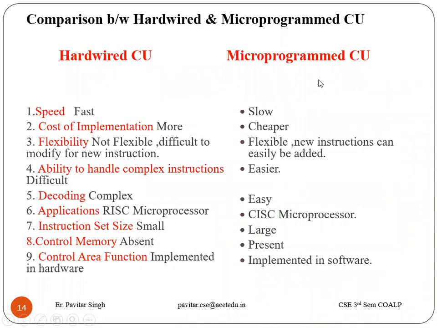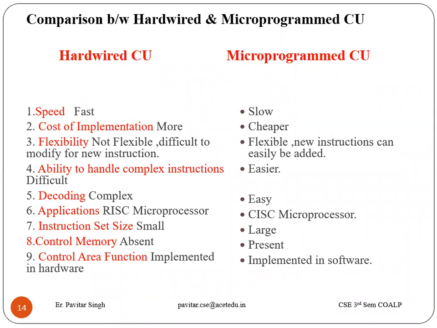So here you can see the comparison between hardwired and microprogrammed CU. These differences are very important from the examination point of view as well. First of all, the attribute called speed: hardwired CU is fast, microprogrammed CU is slower.